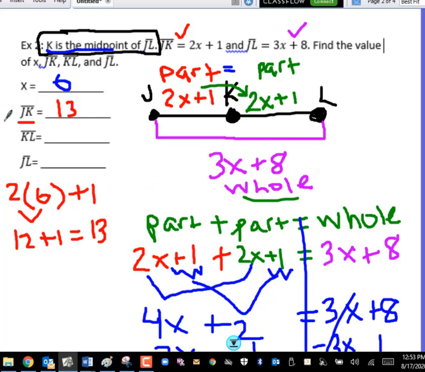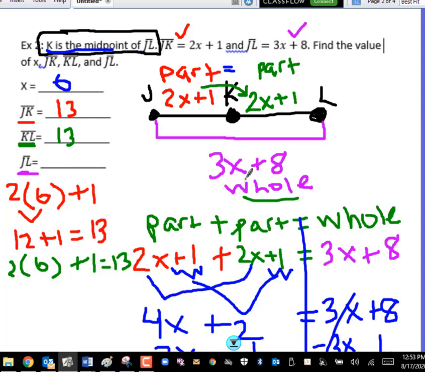KL, we have something for KL this time. So I can plug in 6 again. 2 times 6 plus 1 is what we just did up there. That's 13. Now you could say, oh, these are both parts, so they should both be the same number. That's fine.